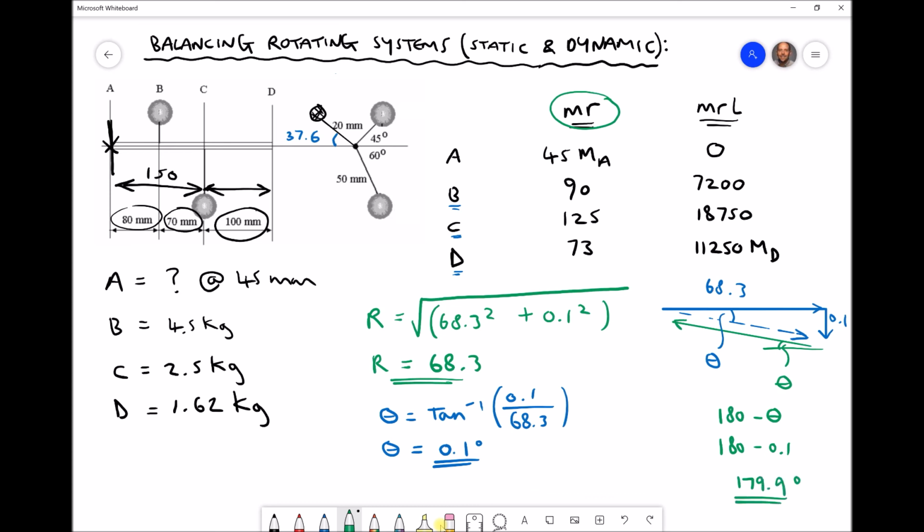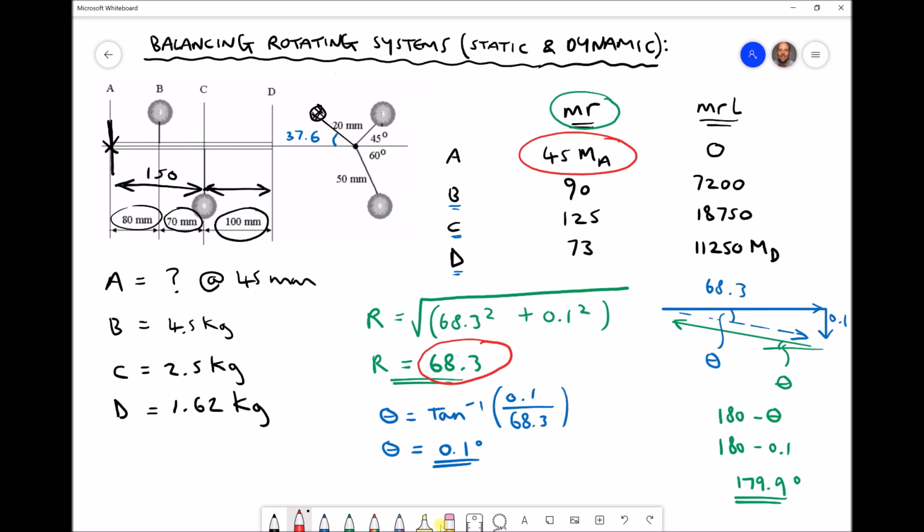So we still have one thing left to calculate, and what we need to calculate is our mass Ma. Now from the vector diagram, we know that 45 Ma is equivalent to 68.3. We obtained that from our MR vector diagram. And we found that the magnitude of the line representing 45 Ma had a magnitude of 68.3.